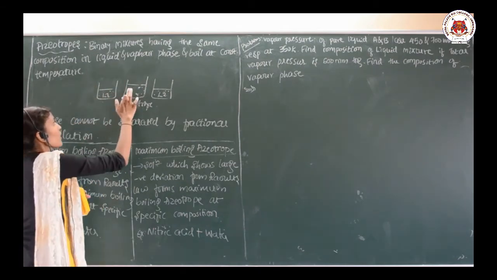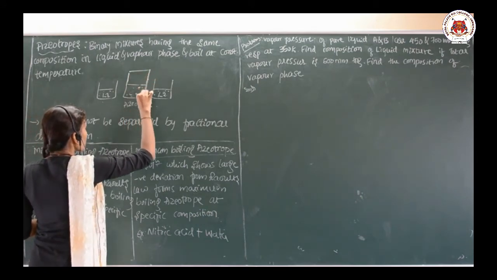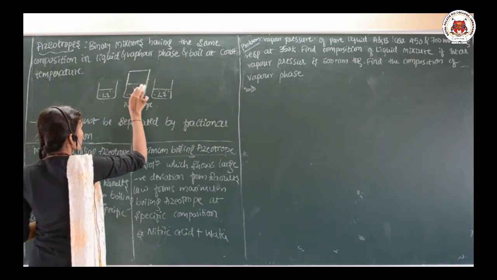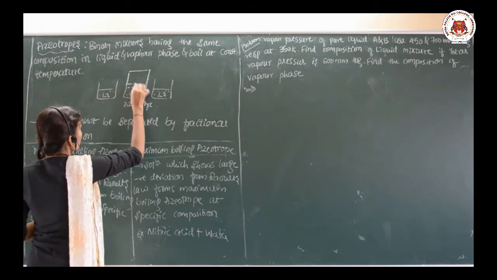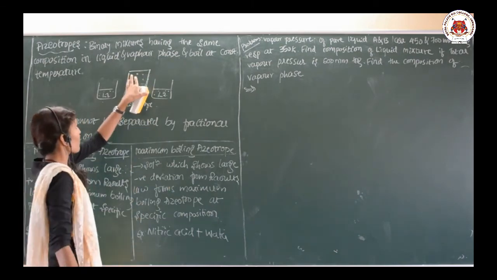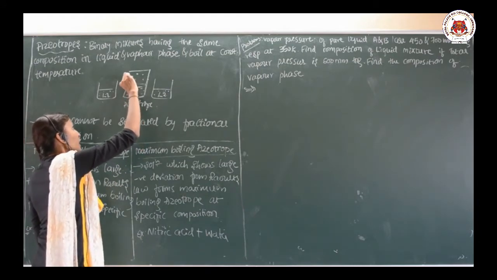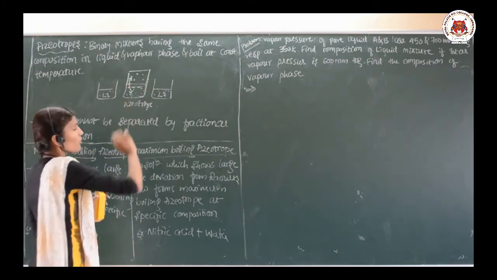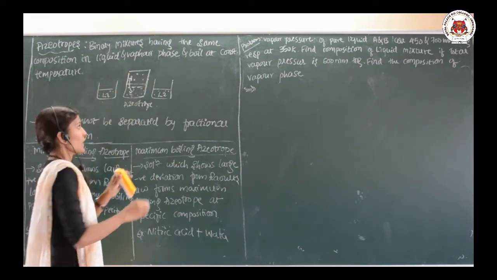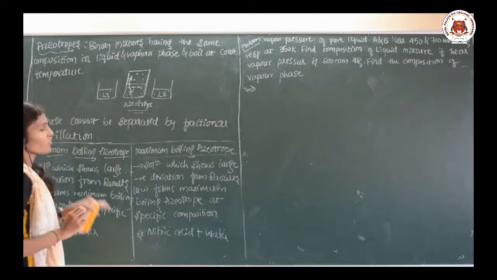As we know, the binary solution is formed by two volatile liquids, those form the vapors, and this is the vapor phase and this is the liquid phase. The composition in the liquid phase and the composition in the vapor phase are the same in the case of an azeotrope, and they boil at a constant temperature.